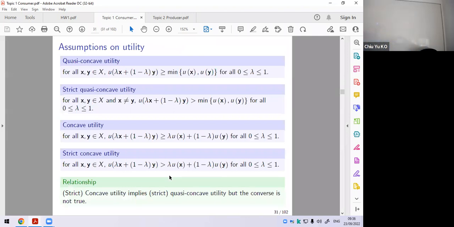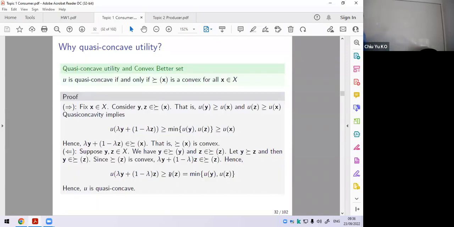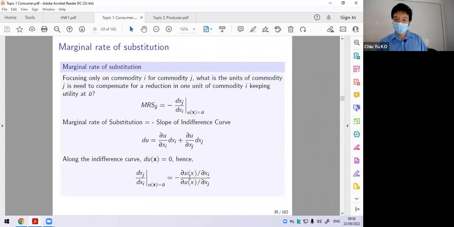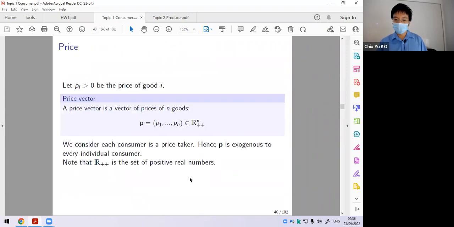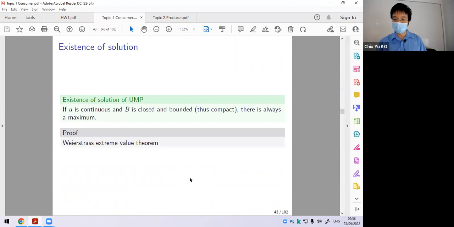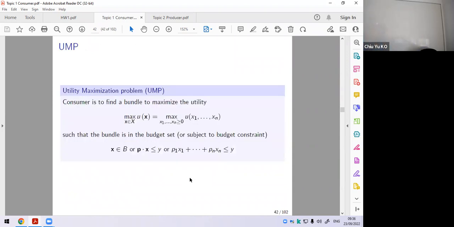When we have a quasi-concave utility, which is equivalent to what we call convex preference, it means that mixing bundles will not make you worse off. In that case, when we solve this utility maximization problem, you always have a solution.